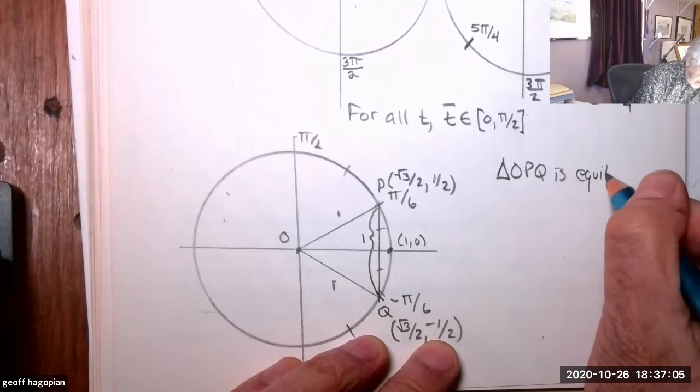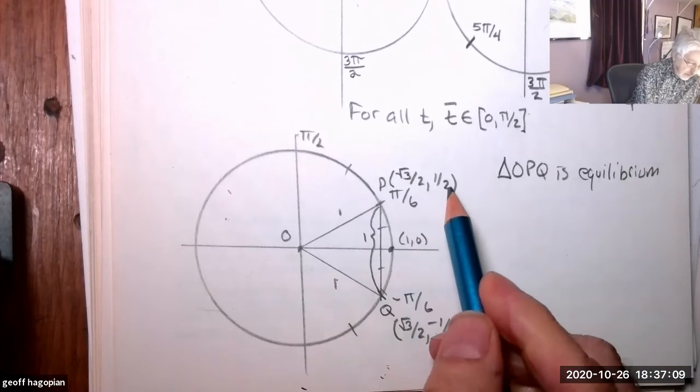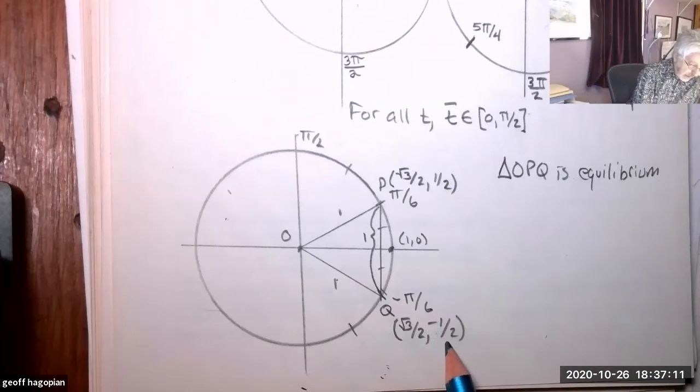Yeah, I mean, he's kind of using a circular argument here. I'm saying because this is 1/2 and this is negative 1/2, that's 1, and so it's the same as the radius.